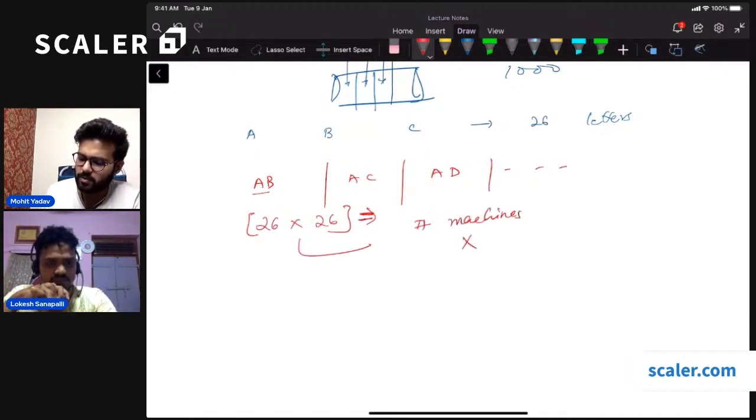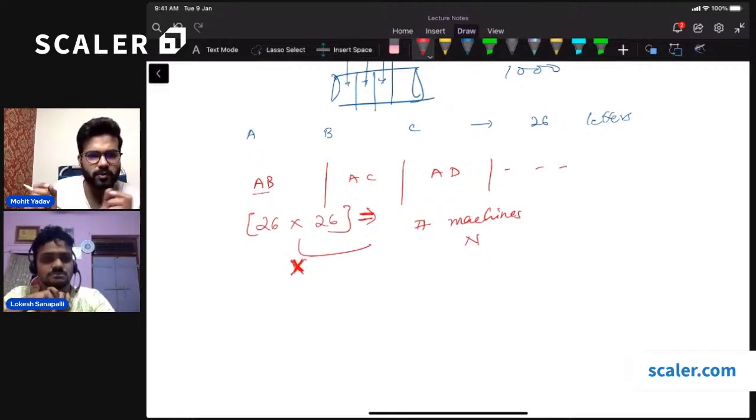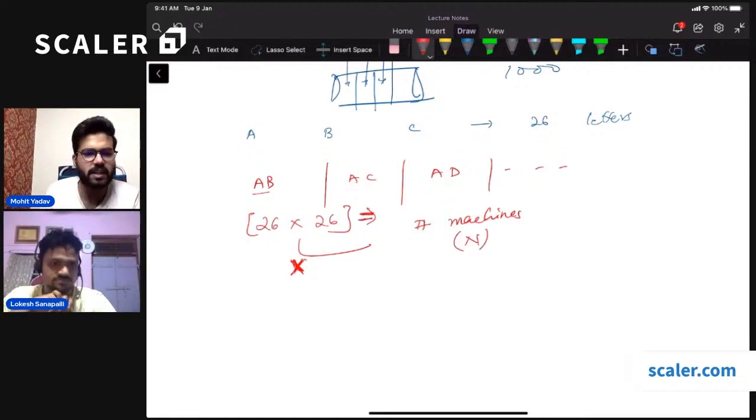Let's say I have n number of machines. How would you map this x number of prefixes with the n machines that I have? We can do it by hashing. For a word, we can have a hash function.